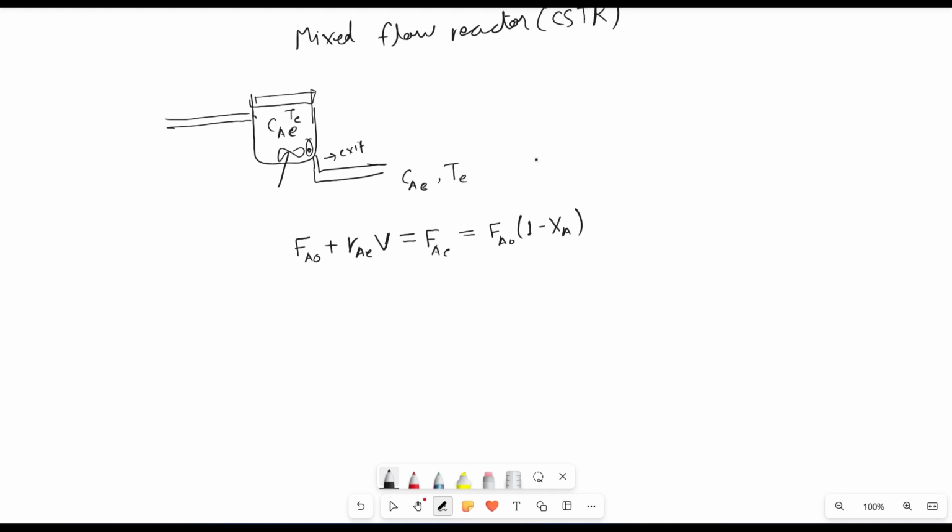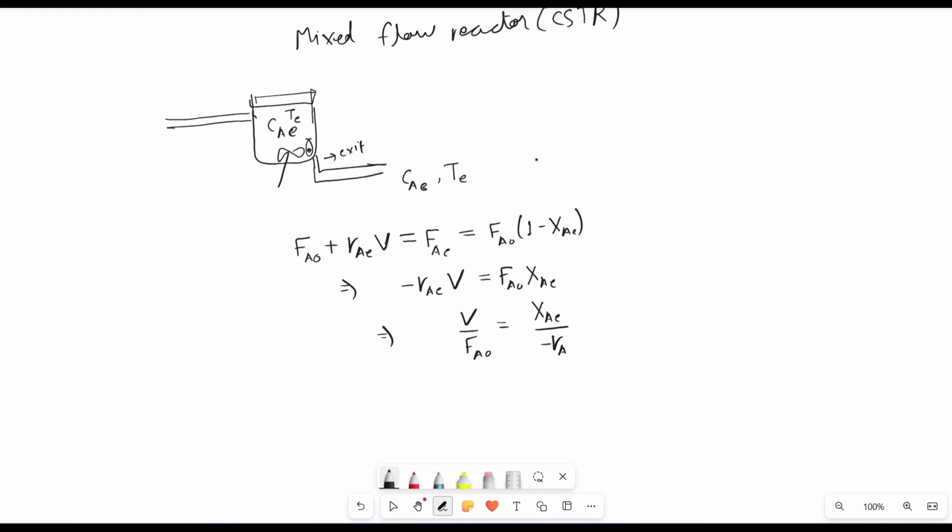This can be simplified as minus RA exit V equals FA naught XA exit, so it can be written as V by FA naught equals XAE by minus RAE.